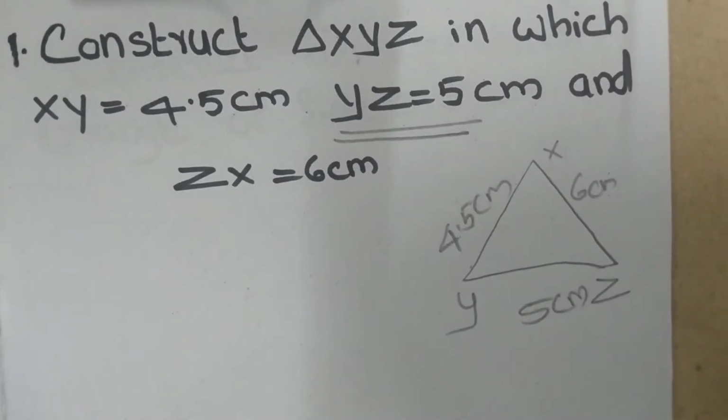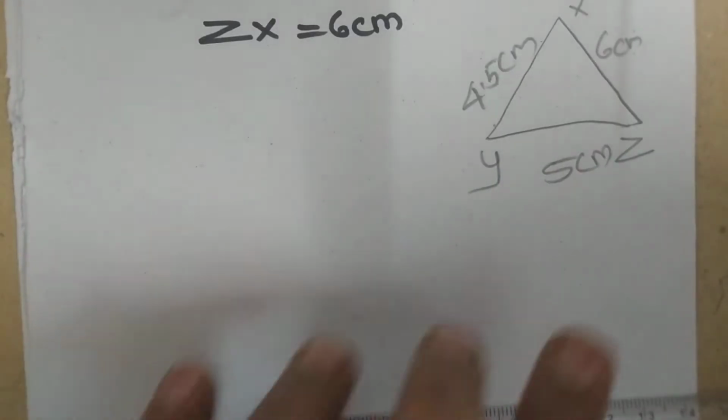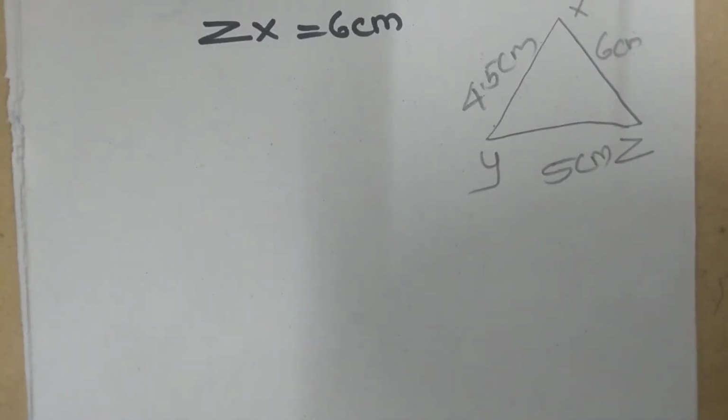With the help of a compass, scale, and pencil, we are doing this construction. First we start with the base value. How much do we have? 5 centimeter.